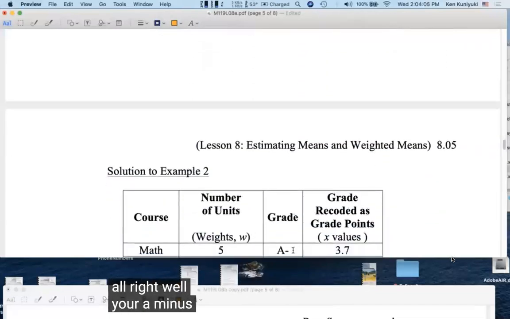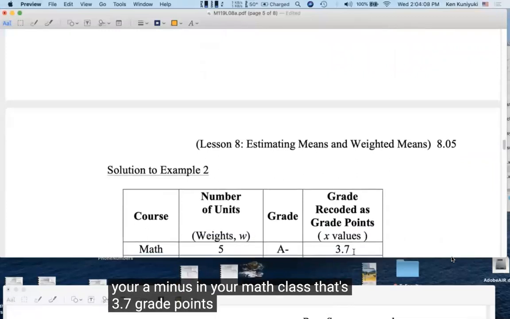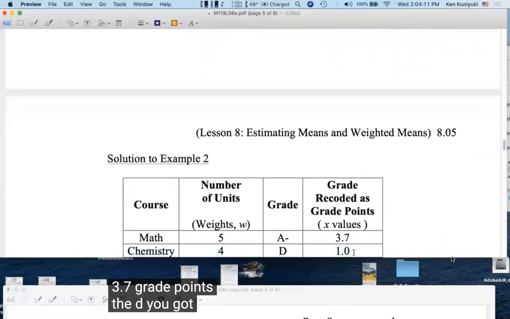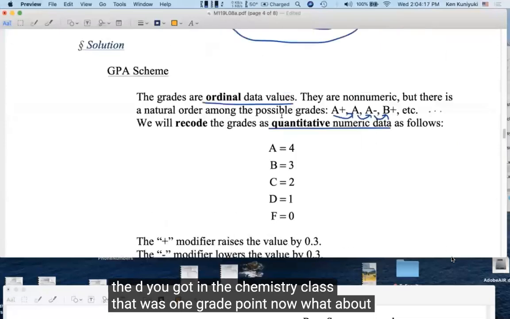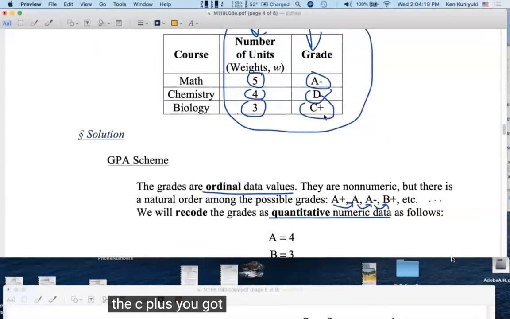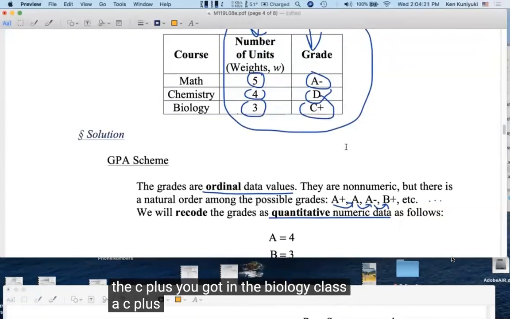Well, your A minus in your math class, that's 3.7 grade points. The D you got in the chemistry class, that was 1 grade point. Now, what about the C plus you got in the biology class? A C plus is how many grade points?